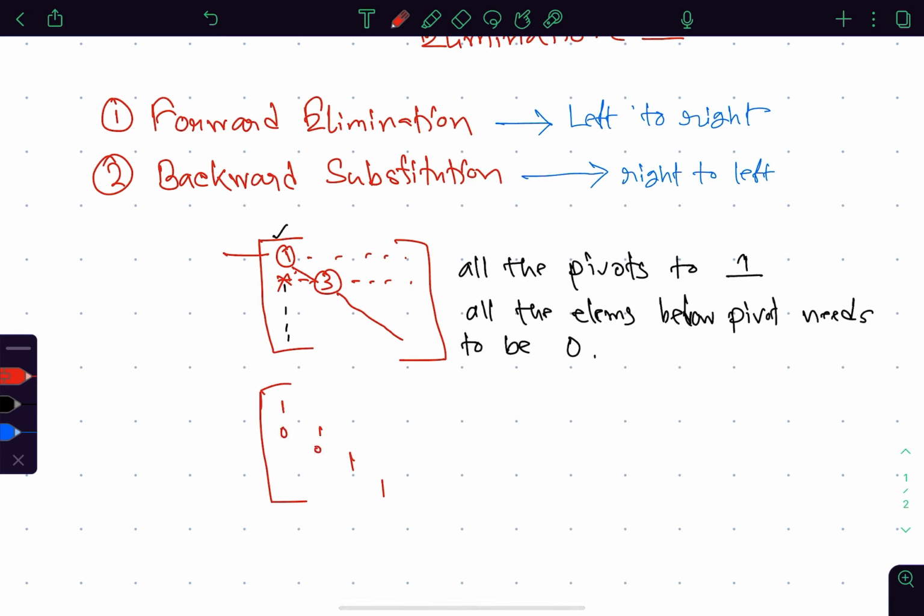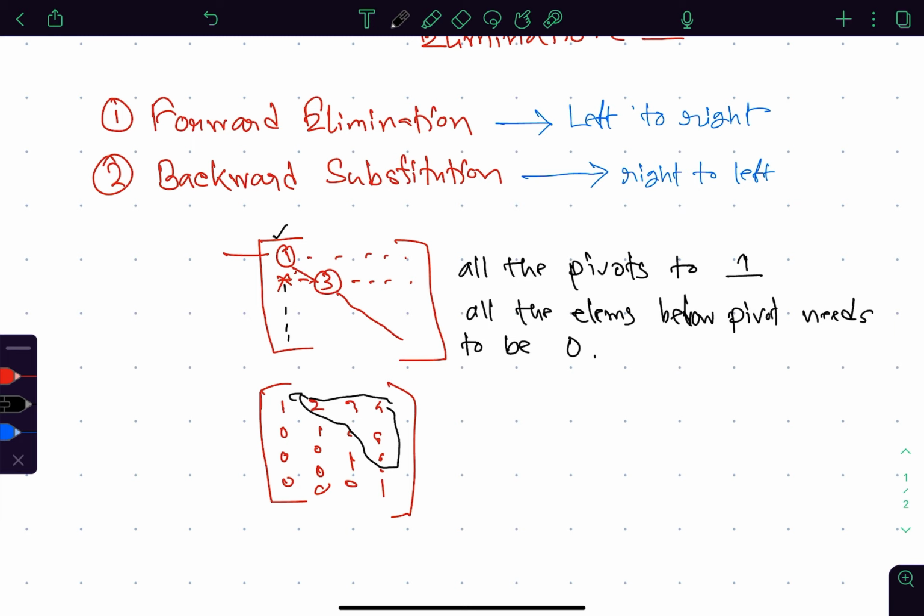All the elements below the pivots are 0, and diagonally all the pivots are 1, but there are some values in the columns above the pivots, right? In the backward substitution phase we need to eliminate these things.